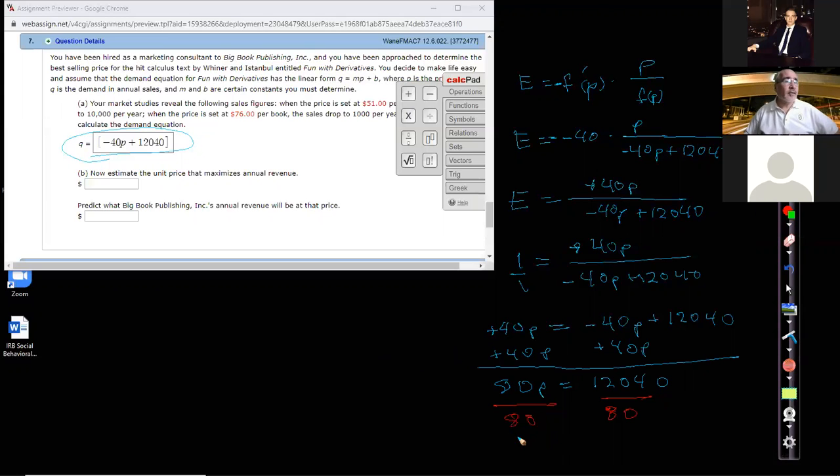That will give us P is equal to 12,040 divided by 80. Gives us $150.50.